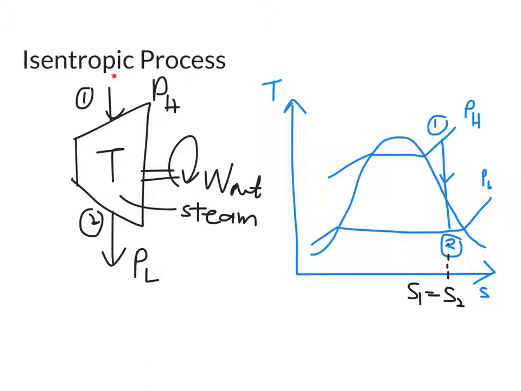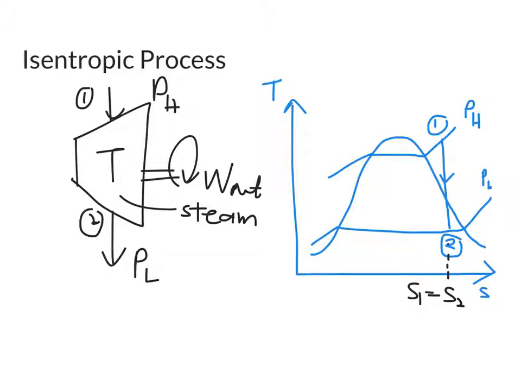Since there's no fluid friction, it means that there's no heat addition. That's why the entropy value is the same at the inlet and your outlet.